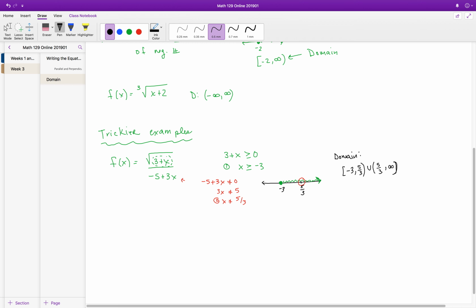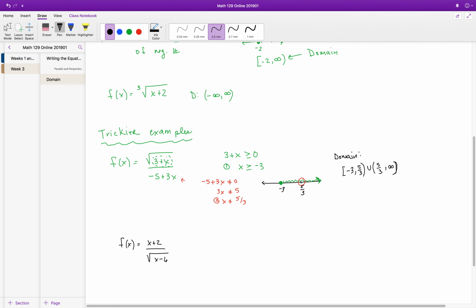Let's do one more. Let's say we have f of x is equal to (x plus 2) over the square root of (x minus 6). Okay, so what makes this one a little bit different? Well, the square root is in the denominator.